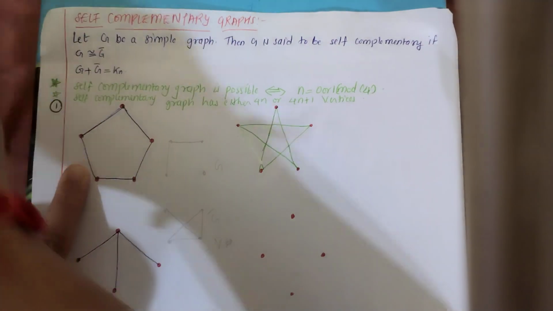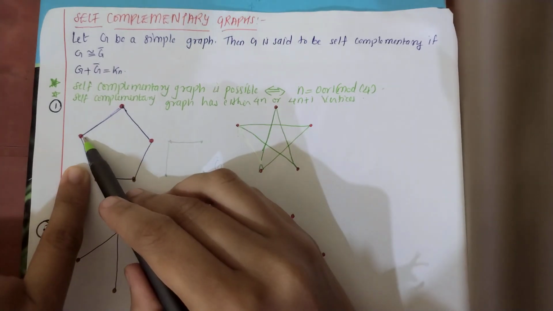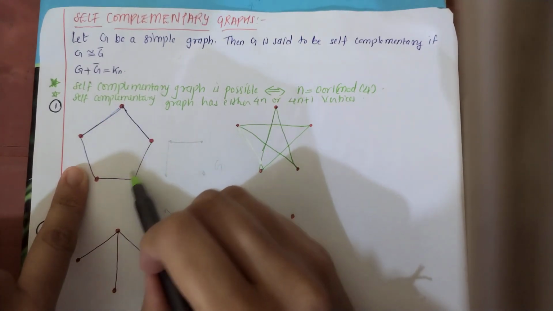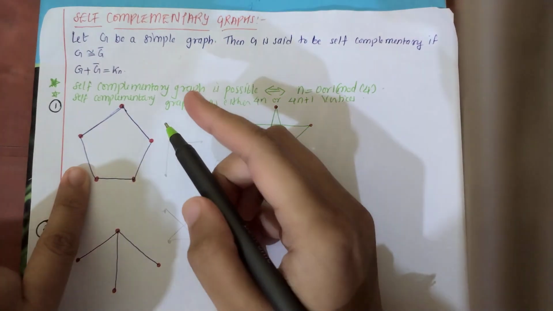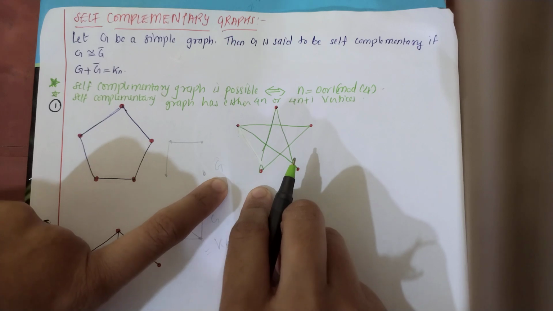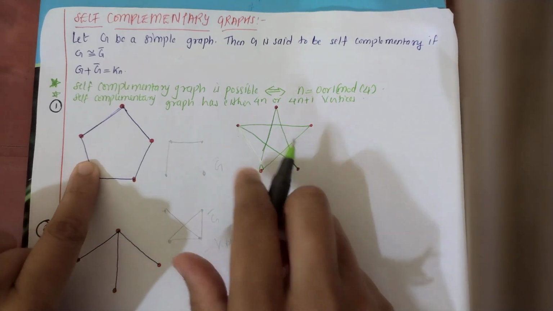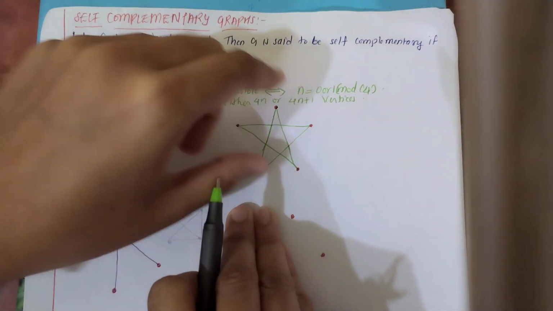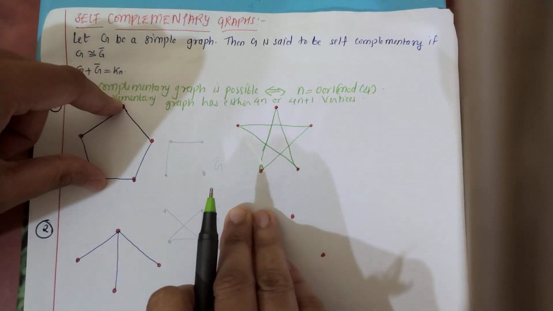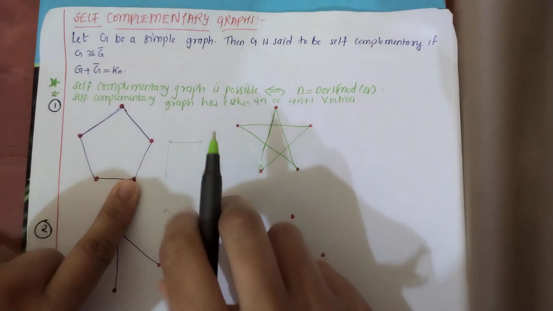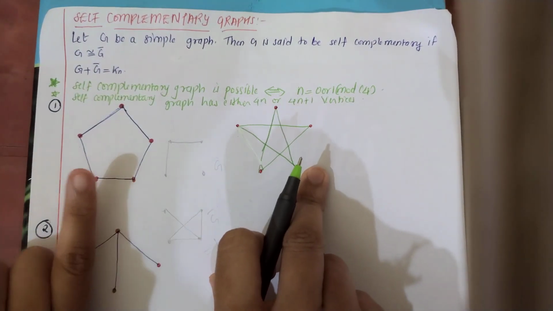So first example, see this. Here you see 1 2 3 4 5. Now the edges which are not connected here are going to be connected in the other graph, so that plus this will give me a complete graph. So while adding this and this, it will give me a complete graph. So now connect whatever is not connected here, and after that you get K5.